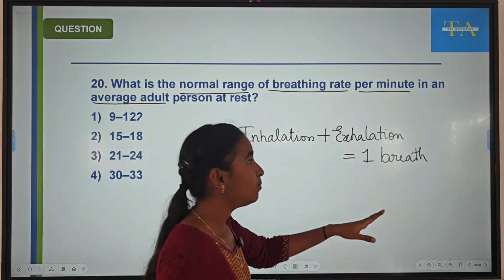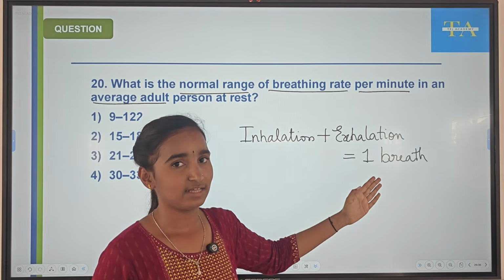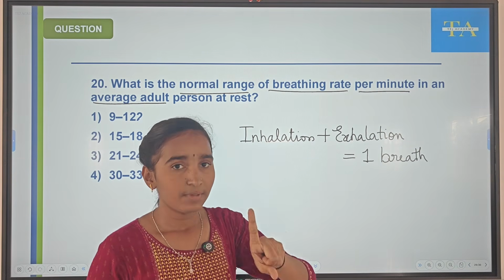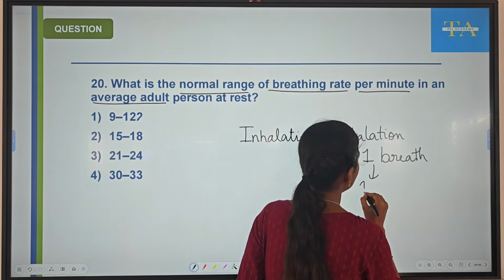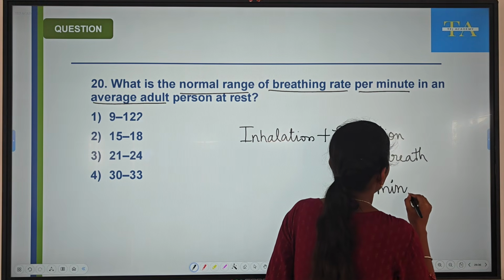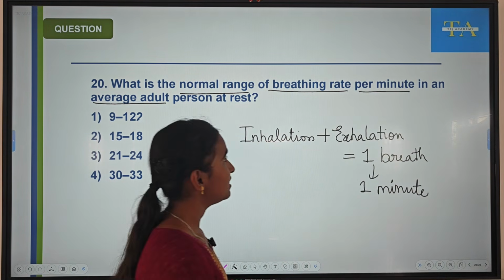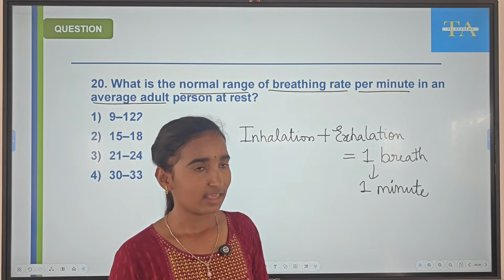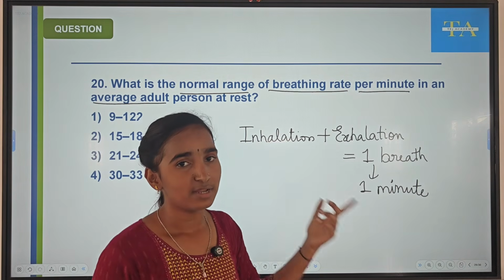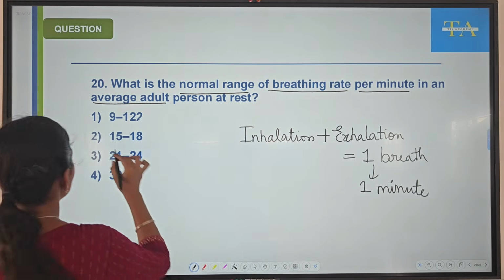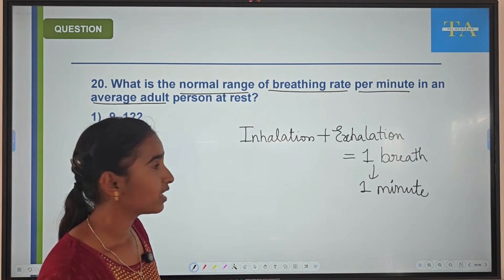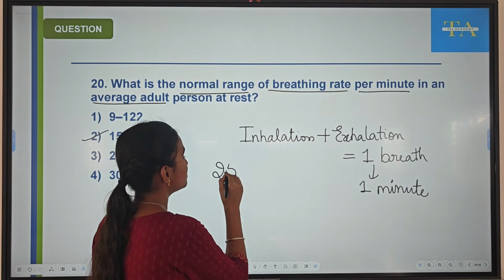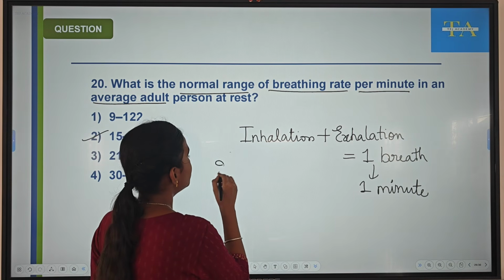How many such breaths we take in 1 minute, that we call the breathing rate. Here they are asking what is the normal range of breathing rate in an adult person during rest. It is 15 to 18. During heavy exercise, it may go up to 25.